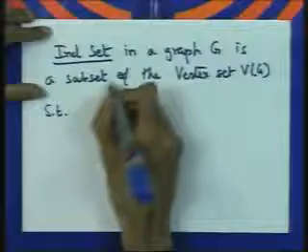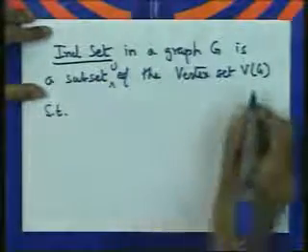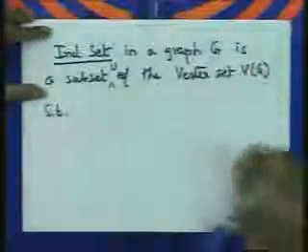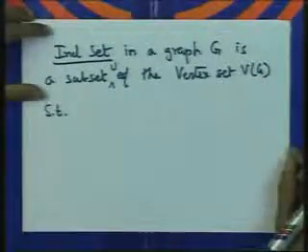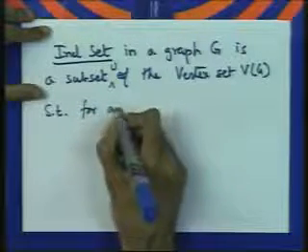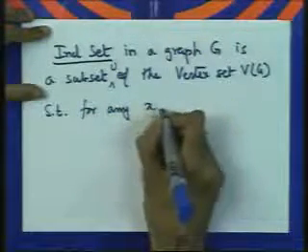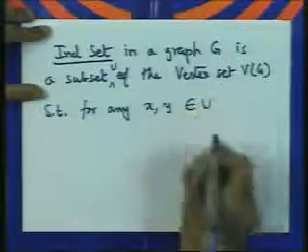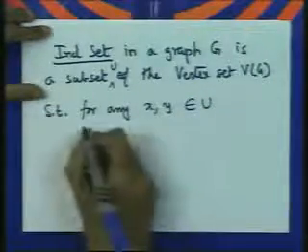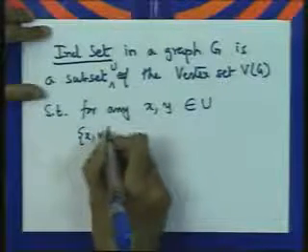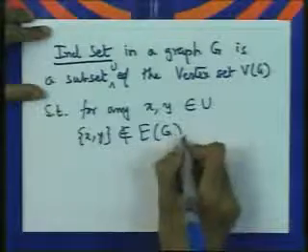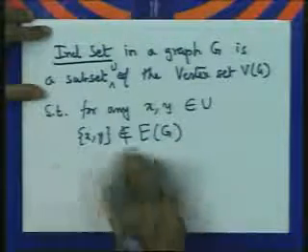It's a subset, let's say U, of the vertex set V of G, such that if I take any two vertices x, y in U, then x, y does not belong to the edge set of G. There is no edge between any pair.